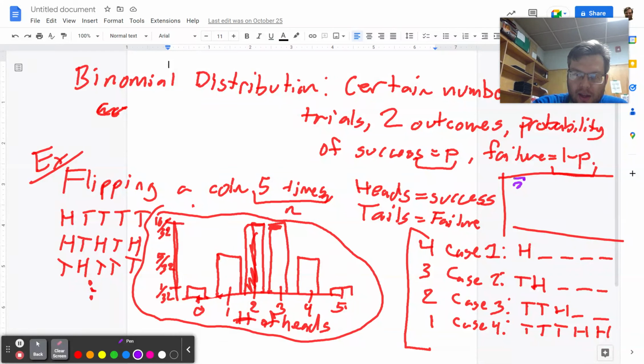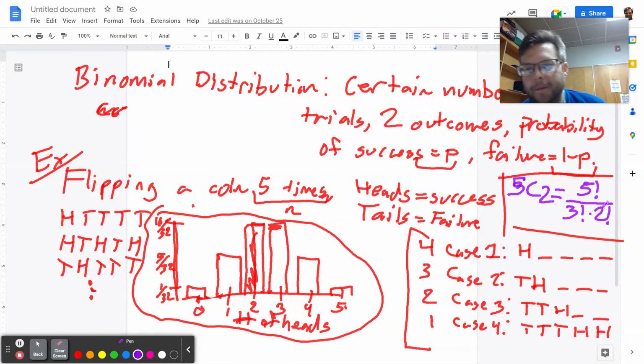So you say, I have 5 things and I'm trying to choose 2 of them. And there's a nice formula for doing this. 5 choose 2 turns out to be 5 factorial divided by 3 factorial times 2 factorial.